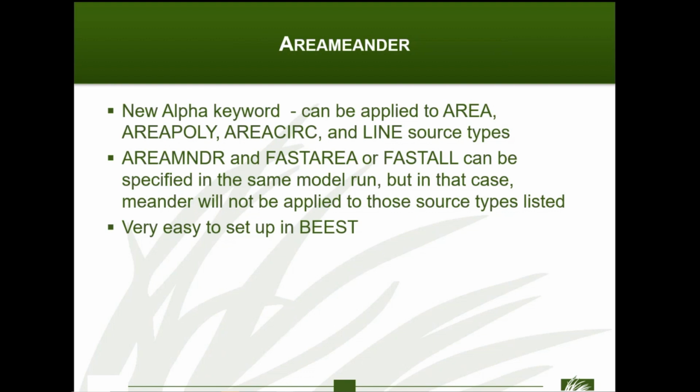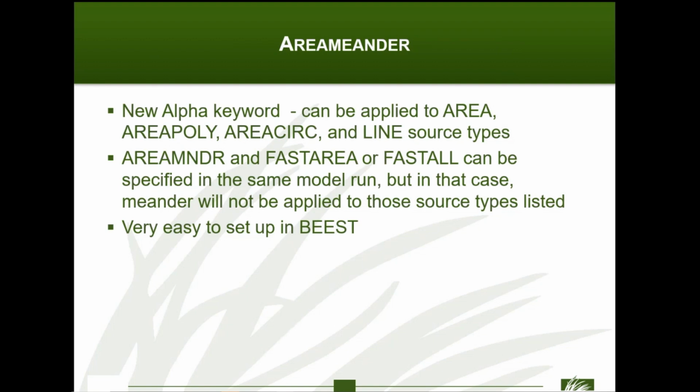The next alpha keyword is area meander, and it can be applied to area sources, rectangular area sources, area polygon sources, area circle sources, and line sources. Remember, the line source algorithm is basically the same as rectangular area, just has a larger aspect ratio.